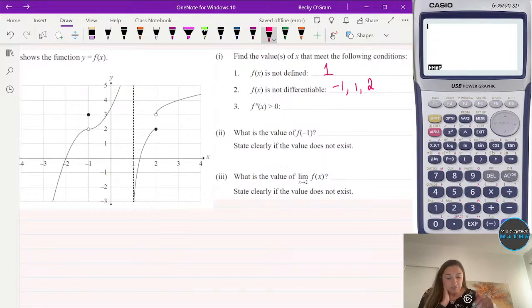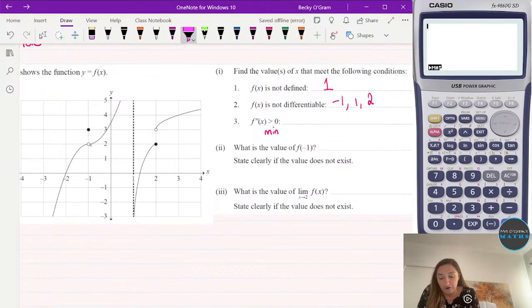For f double dash of x greater than 0, that means it is part of a minimum. It's not exactly at the minimum point, because that would be when the first derivative is equal to 0. But with the second derivative greater than 0, it's any part of the graph that is part of a minimum. So we're looking for a portion that's part of a right way up bowl, and that comes from this bit just here.